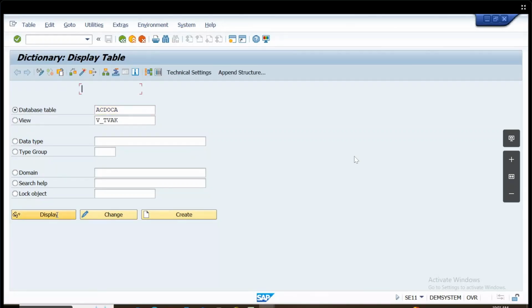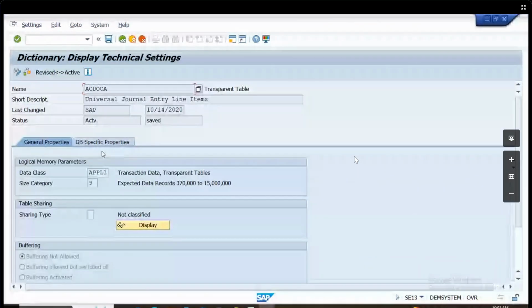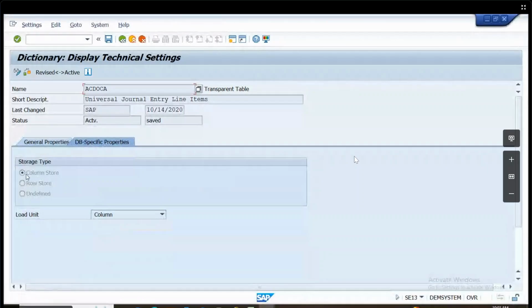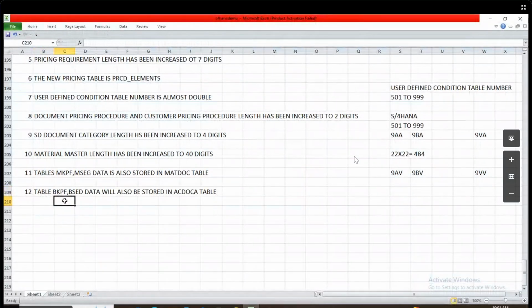ACDOCA. Go to technical settings, DB specific. It is also a column-based table. Okay. So all your accounting related data, revenue accounting or whatever accounting related, will also be stored in the ACDOCA table. Any report related to FI accounting, you can get the information from this table.